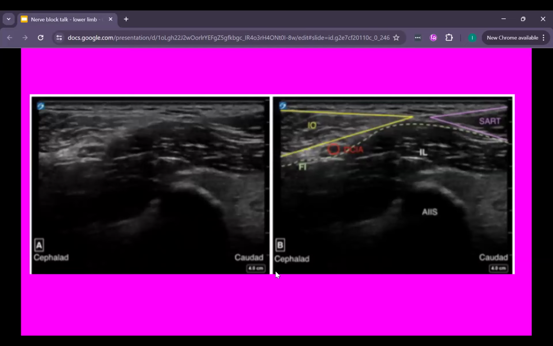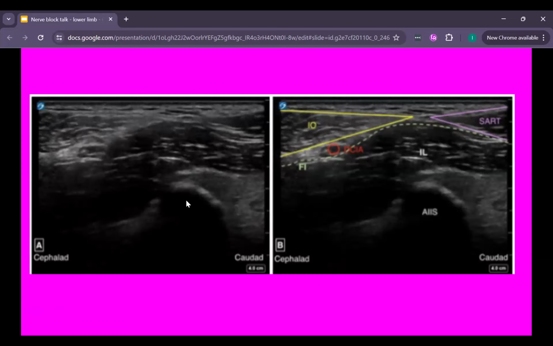And so the image that we see here, people talk about the bow tie appearance. To the left of the screen, we're seeing what's cephalad or towards the head, and we're seeing the internal oblique muscle form a bit of a triangular shape here, and then it thins out, so the thin portion of a bow tie, and then you can see another triangular muscle here, which is the sartorius muscle, and hence the bow tie or the hourglass appearance for the suprainguinal approach.